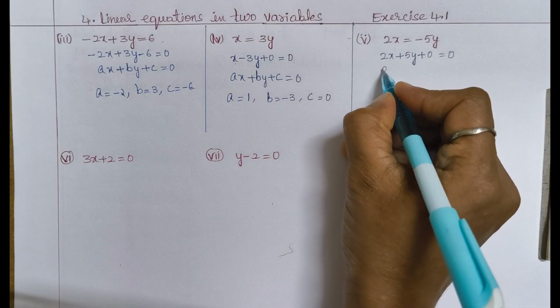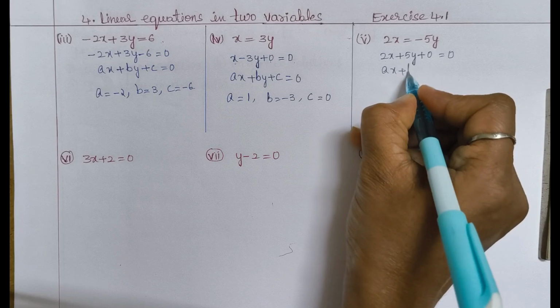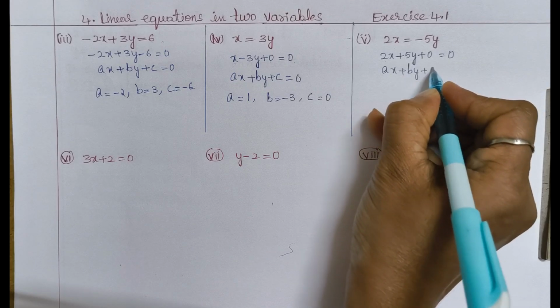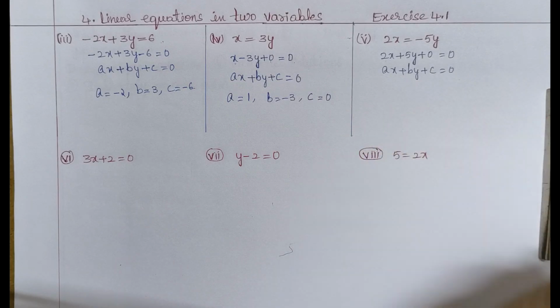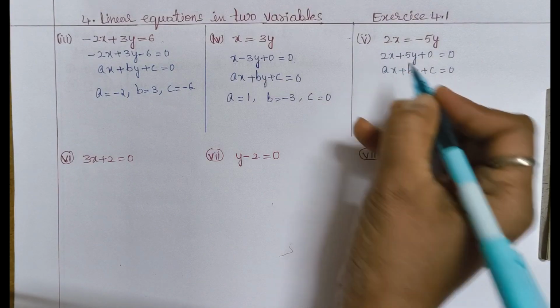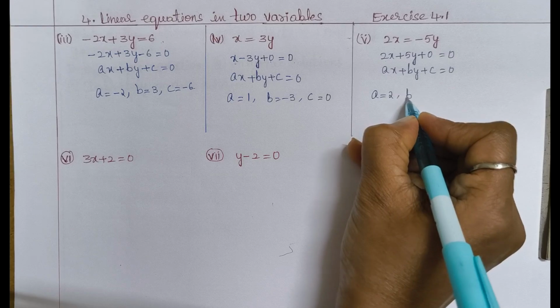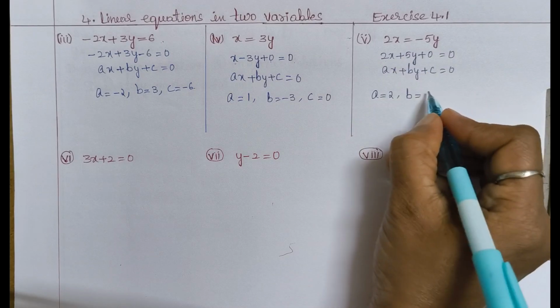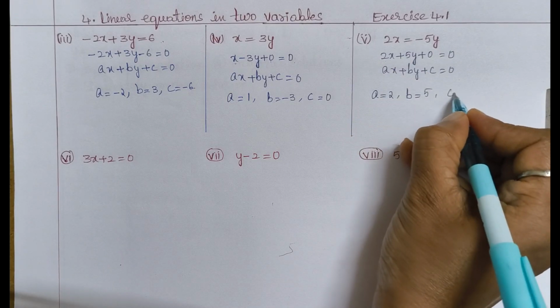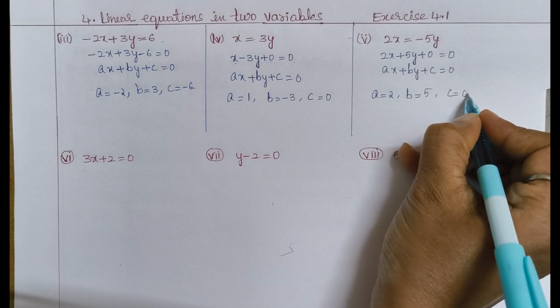So now this is in the ax plus by plus c is equal to 0 form. In this one we will write what is a, what is b, what is c. See, a is equal to 2. Next, b is equal to 5. c is equal to, the c value is 0.